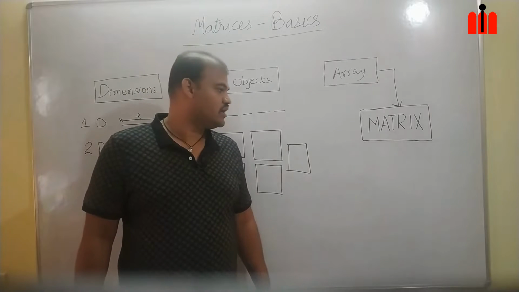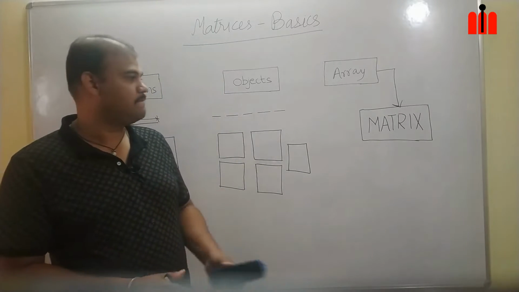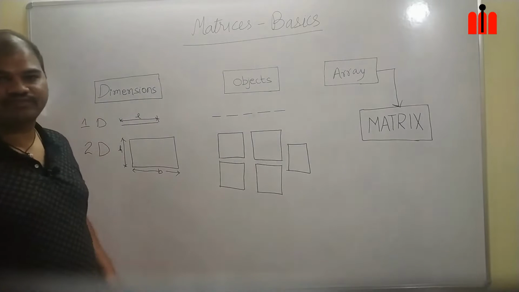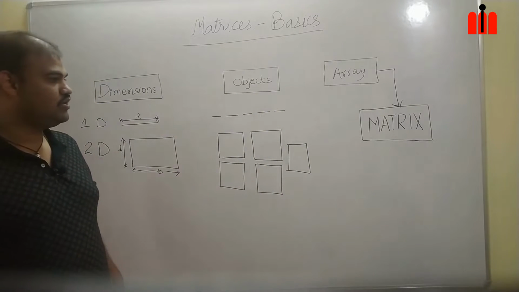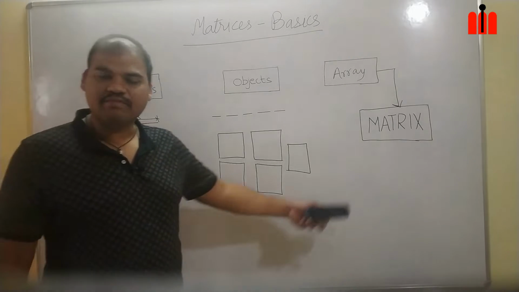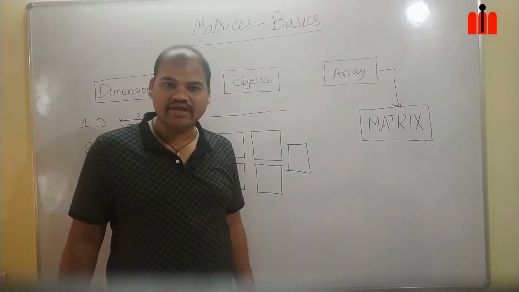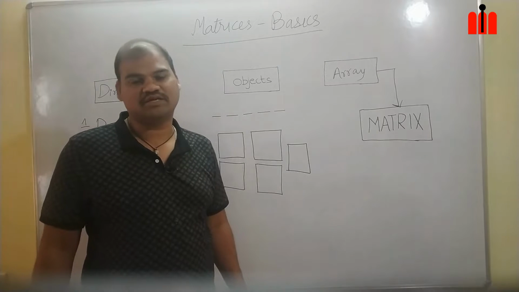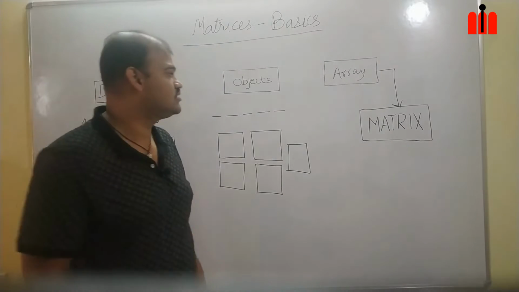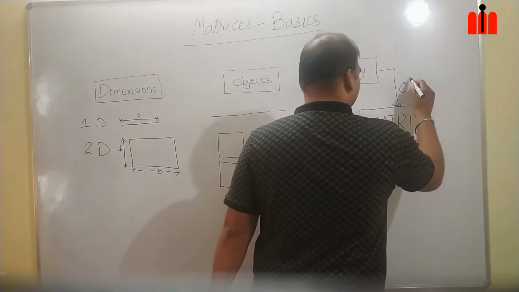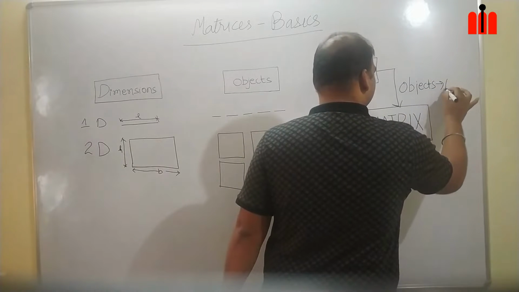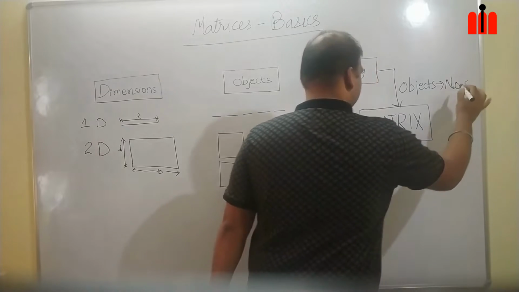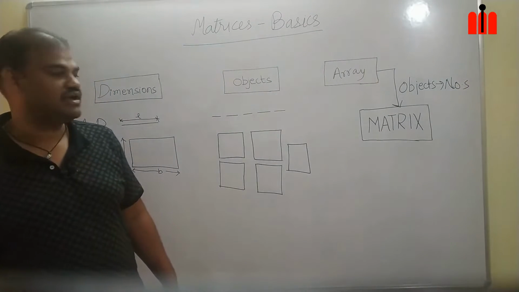Now let's backtrace this chart. What is the matrix? Matrix is an array where objects are numbers. What is an array?